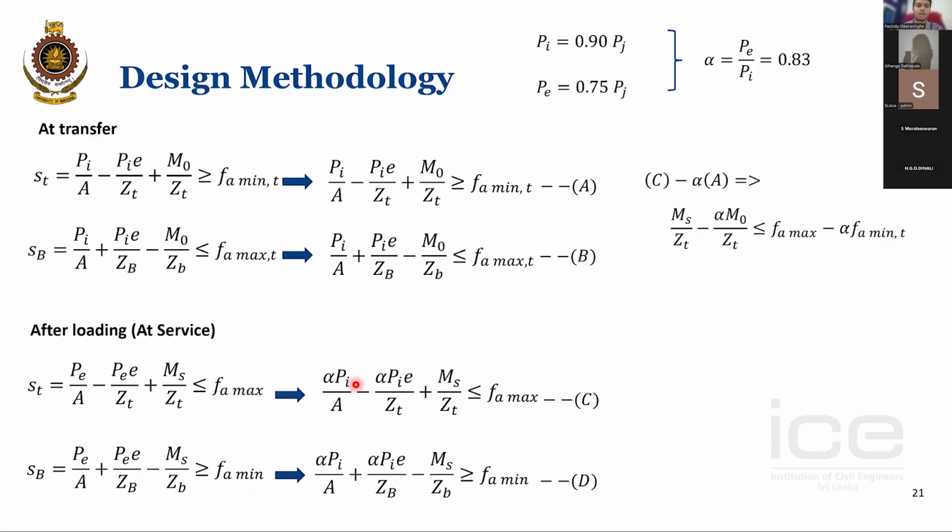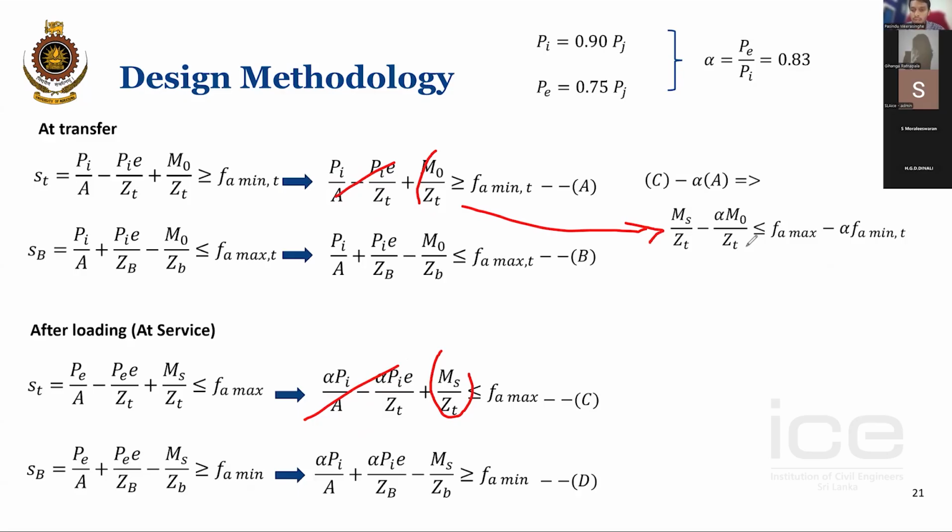Then if I take this C and multiply A by alpha, what will happen is, because this is alpha Pi over A, alpha Pi over ZT, and this is just without alpha, if I multiply this by alpha and reduce this, these two terms will cancel out and you will be left with only these two. So that is the expression there.